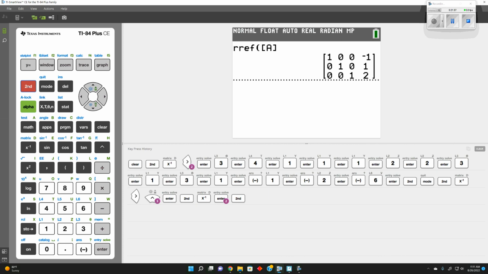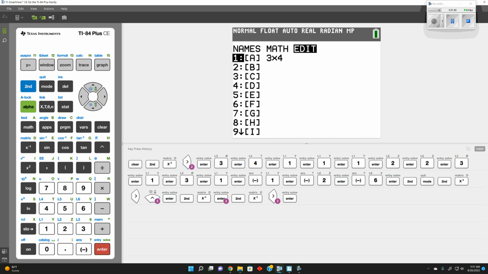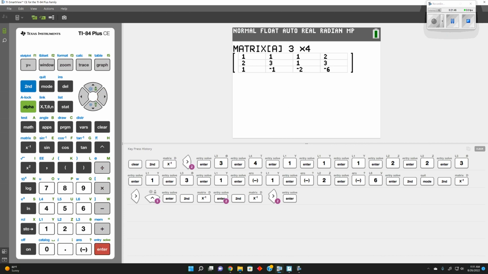Now for this, again, we'll go second matrix, over to edit, and we can hit enter to edit matrix A. There you go, second matrix.